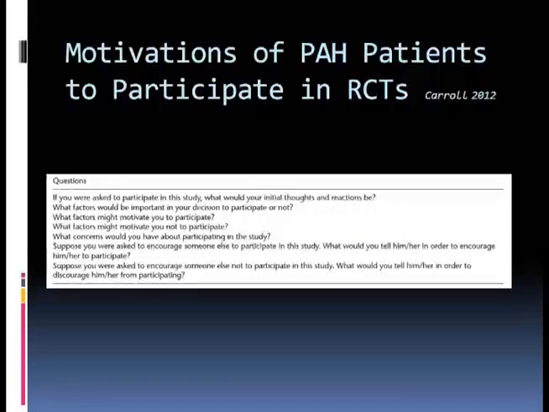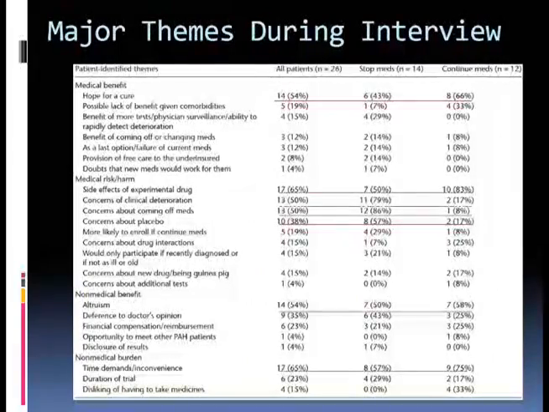And they asked them the following: what would be your initial thoughts and reaction if you were asked to participate? What would motivate you to participate or not participate, and what would you tell someone who would be approached to participate in a trial? What would you tell them to encourage or to discourage their participation? They also had two groups.